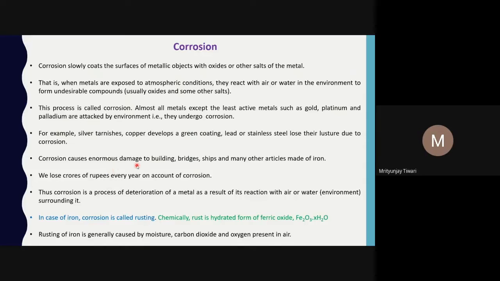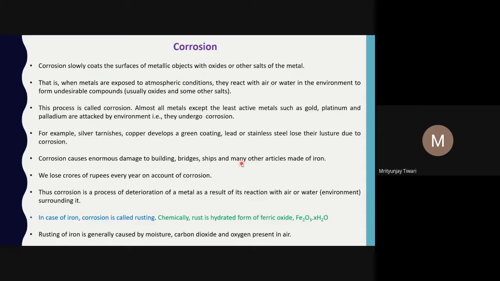Corrosion causes enormous damage to buildings. And why does it cause enormous damage to buildings? Because we know in the buildings or the bridges or the ships or many other useful things, we use steel, and this steel undergoes rusting, and once it undergoes rusting, the buildings will be broken, the bridges will also be destroyed.